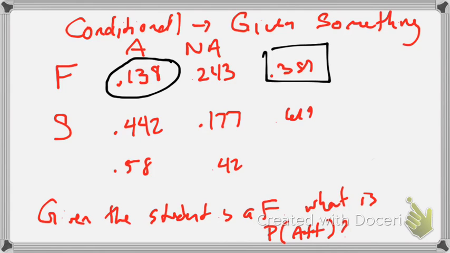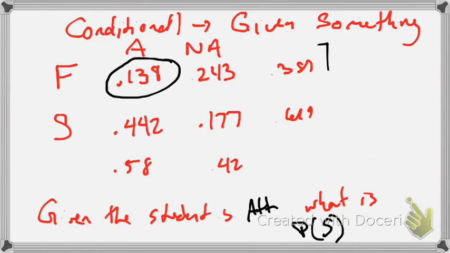Let's say given the student is attending, so we're now paying attention to students that are attending, what's the probability that that student was a sophomore? Now we know that we're looking at the attendance more than anything, so I should erase these to make this easier to see.